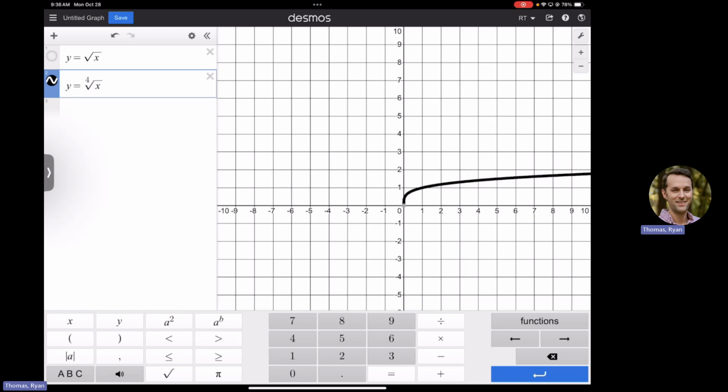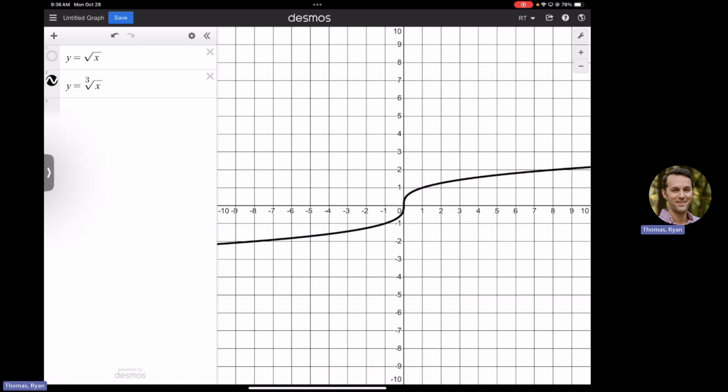If they're all positive, then the outcome is positive. If they're all negative, then the outcome is still positive, right? That's why this doesn't work. For an odd root, the same thing's not true, right? Odd roots are friendlier. They're better behaved. They don't introduce any new stuff into the conversation about the domain.